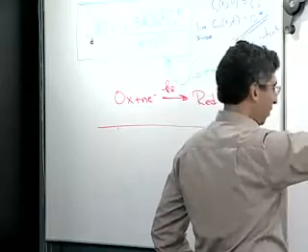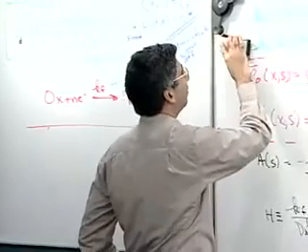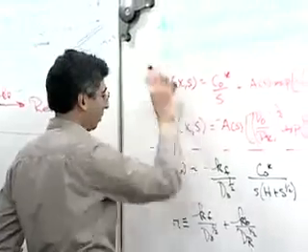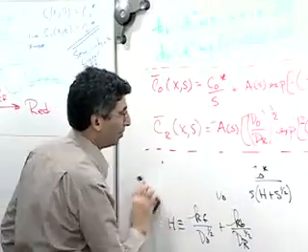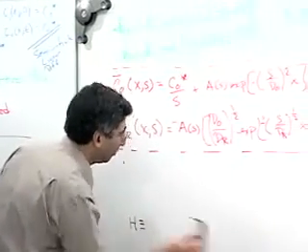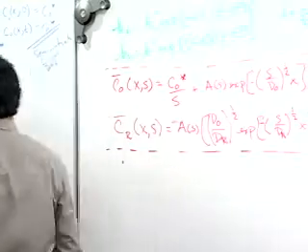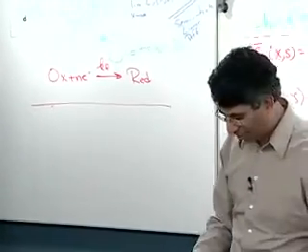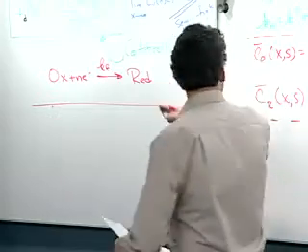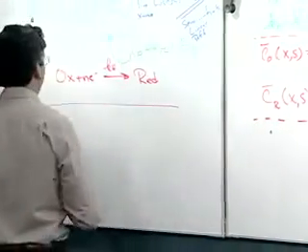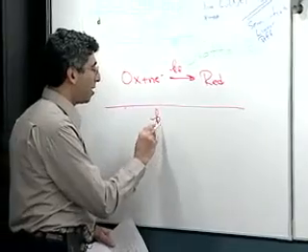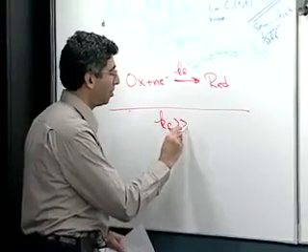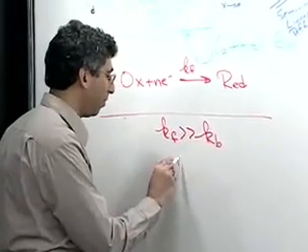Okay, so if we do this and now have k forward much larger than k back, so we're irreversible.